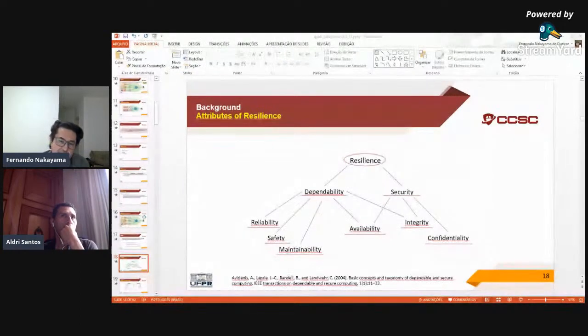So we need adaptive resilience because the environments in IoHT are constantly changing, and they might be changing due to threats, for instance, considering the security aspects, but they might also be affected by flaws or communication and connectivity issues, which are not related to security. So that's the main idea for that.